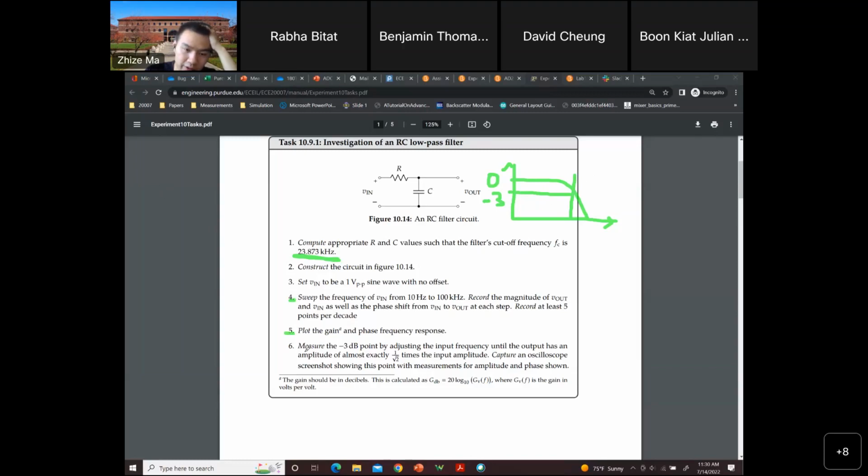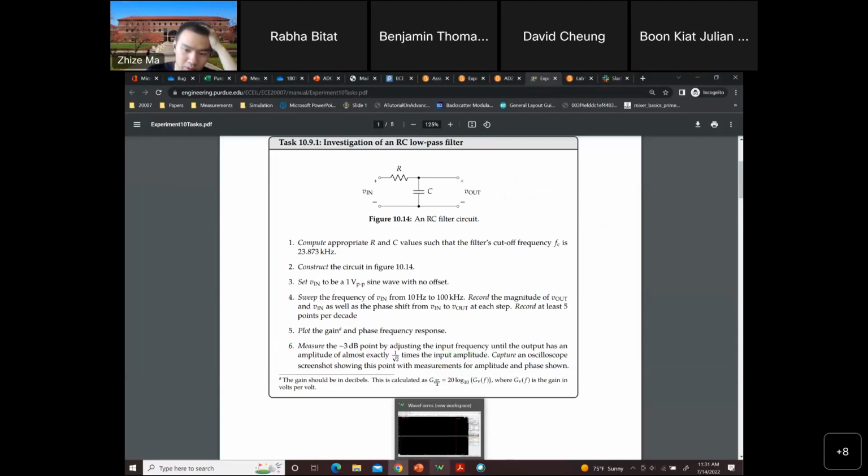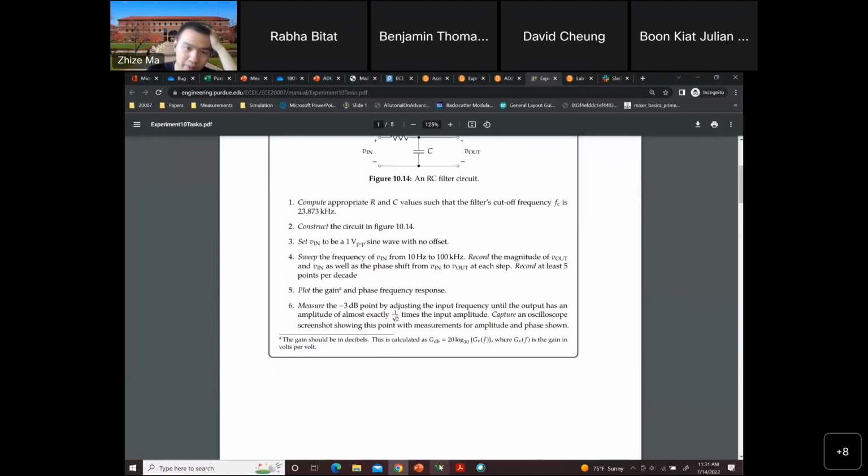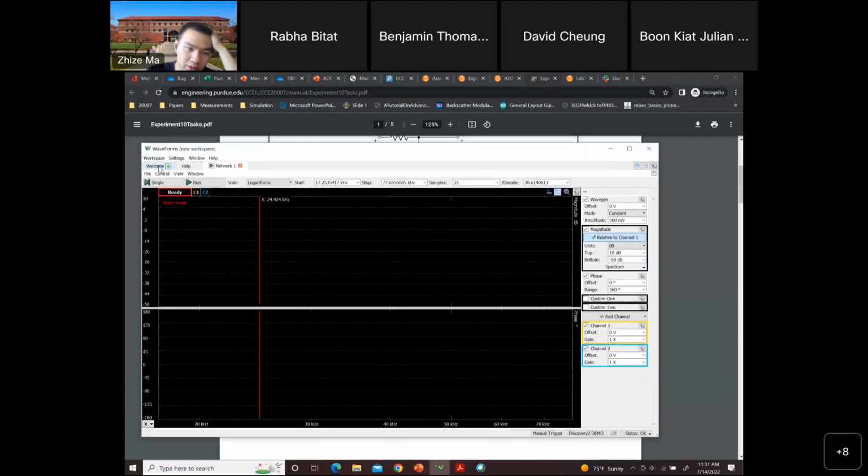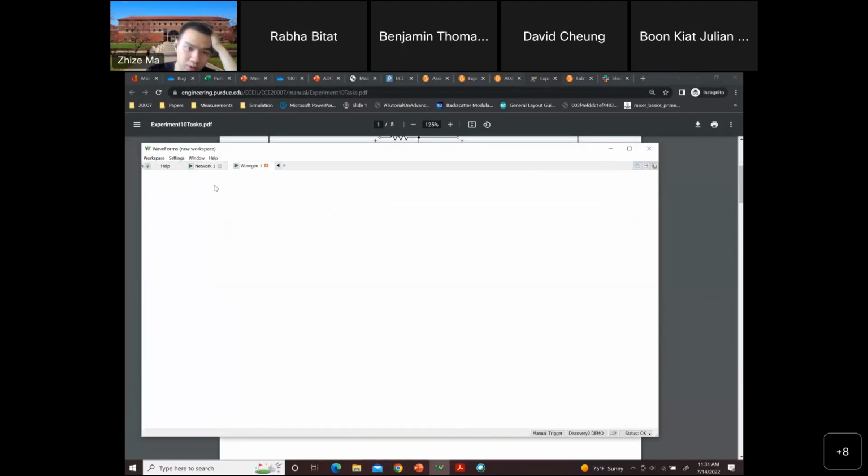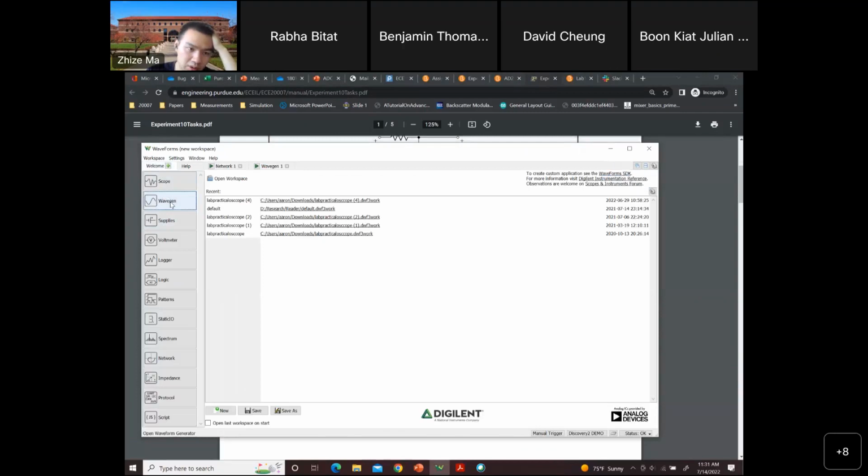Then step number 6 asks you to measure the -3 dB point by adjusting the frequency. In this step, you will not need to use the Network function. What you need to do is go back to the function generator, or the wave generator, and the oscilloscope.